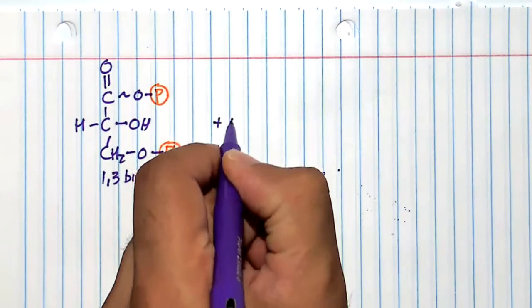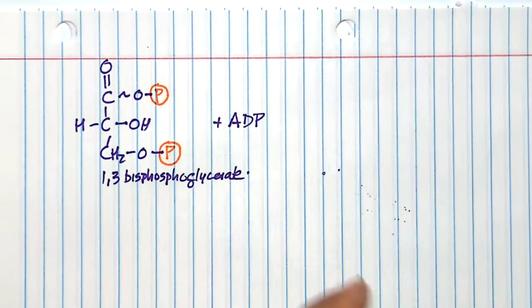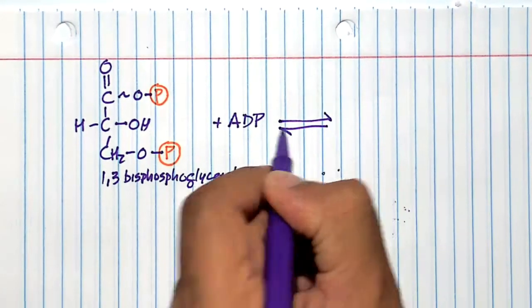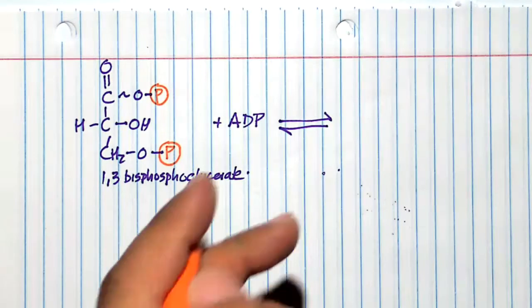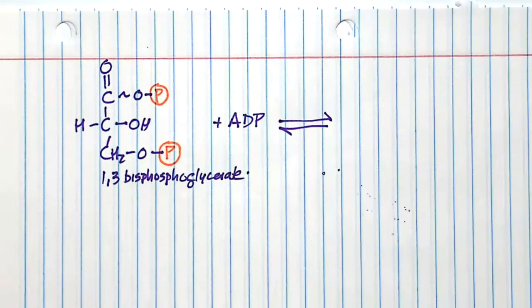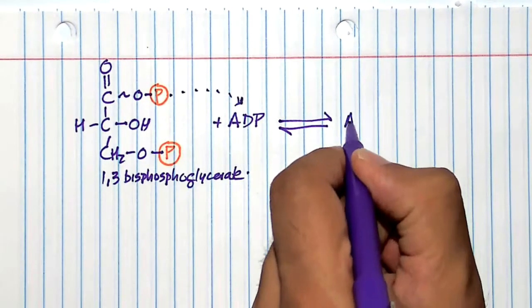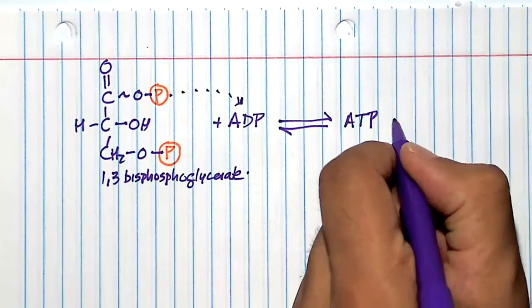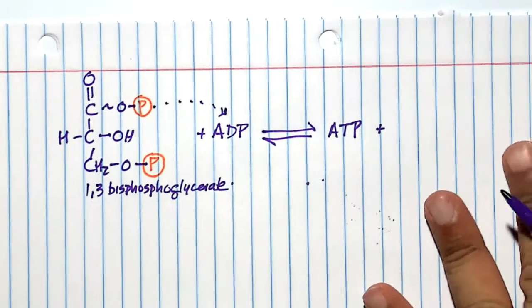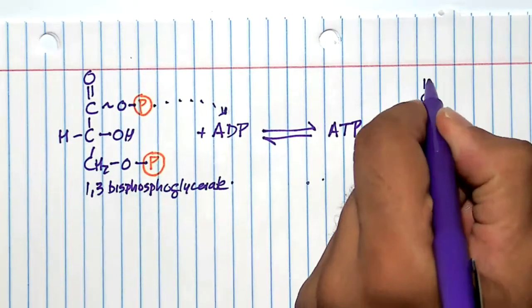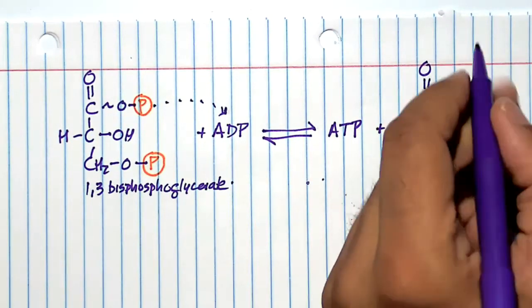It's going to use ADP, okay? And this reaction actually is reversible. And you will generate ATP, so the phosphate is going to phosphorylate this. This is a high energy molecule. You'll have ATP. And then this becomes 3-phosphoglycerate. The structure of 3-phosphoglycerate is shown here.